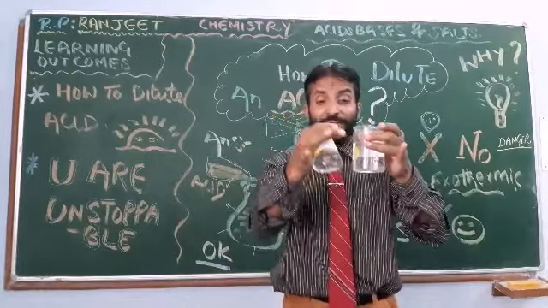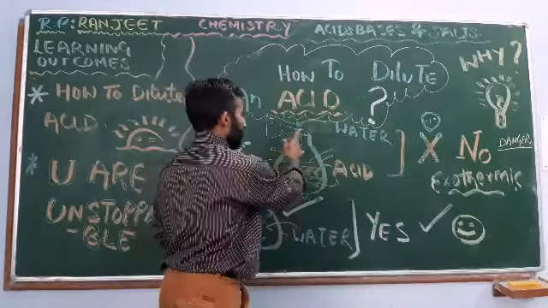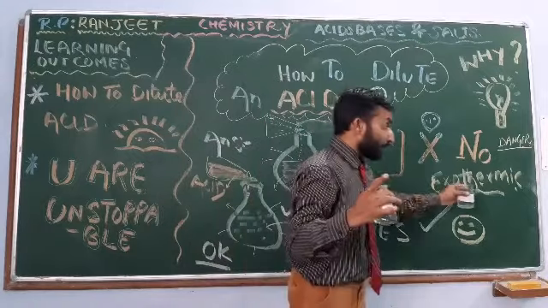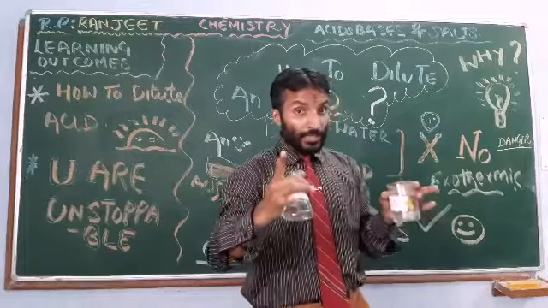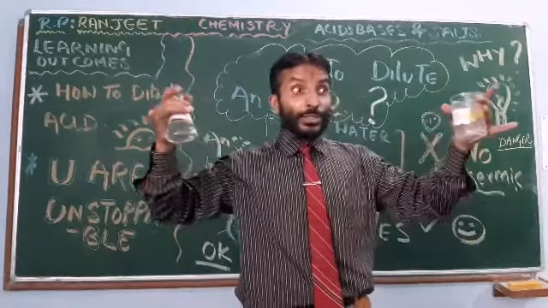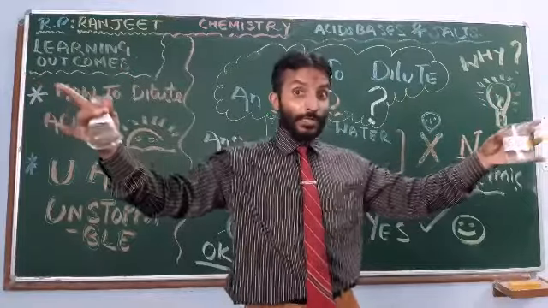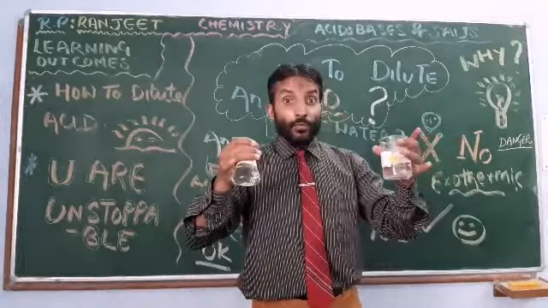Now acid and water: the first thing we should remember is that the reaction between acid and water is an exothermic reaction. We know exothermic reactions are those where a large amount of heat is evolved, right? When heat is evolved, what will happen?